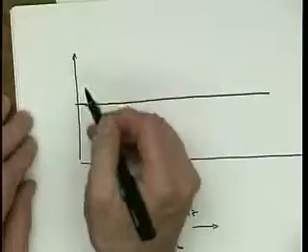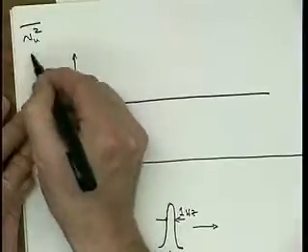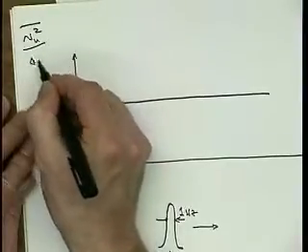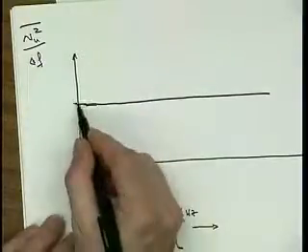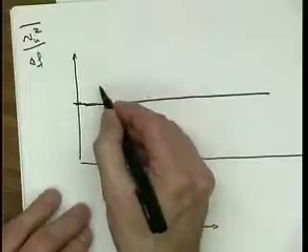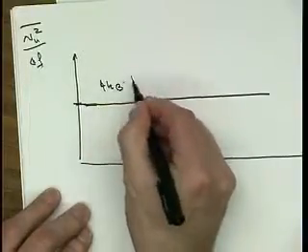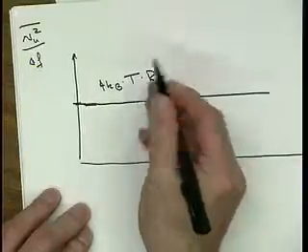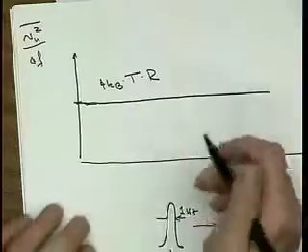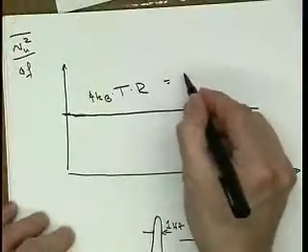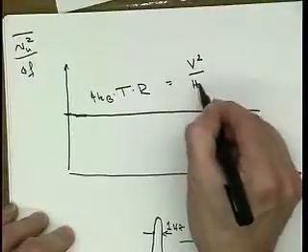So this is Vn squared over delta F, divided by our measurement bandwidth, and so this would be equal to 4 kB times T times R times B over delta F. So then we get the noise density, and that one has the even more funny units of volts squared per Hertz.